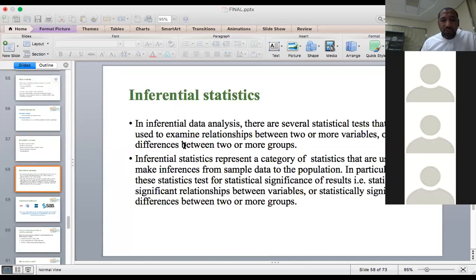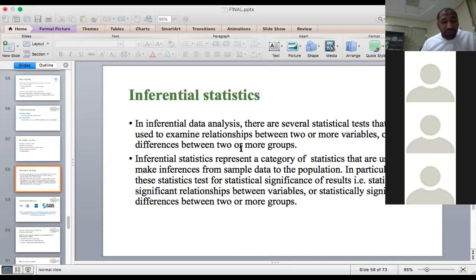And then we have inferential statistics, to check this possible relationship between the variables, the statistically significant relationship or differences between two or more groups or two or more samples. So in inferential data analysis, there are several statistical tests that can be used to examine the relationship between two or more variables or between two or more groups.